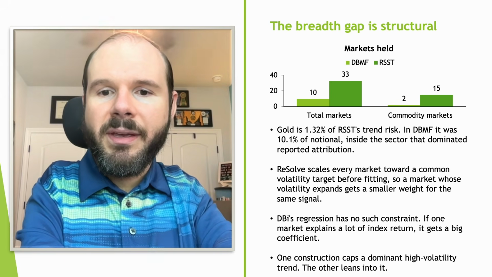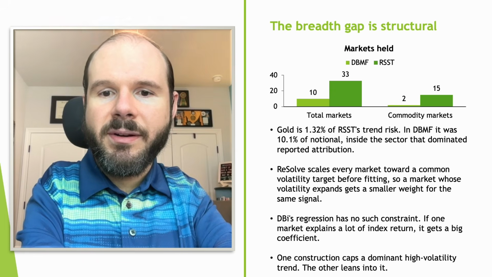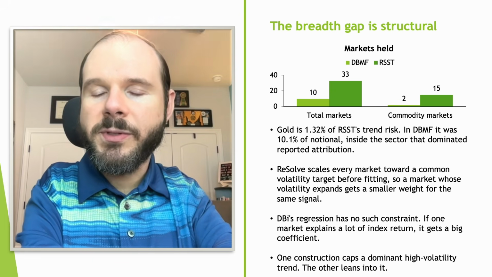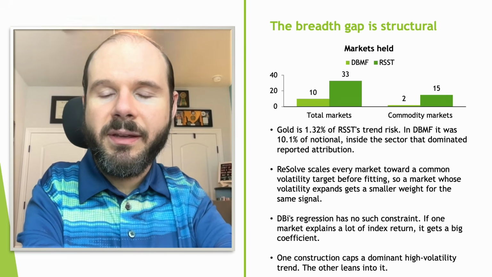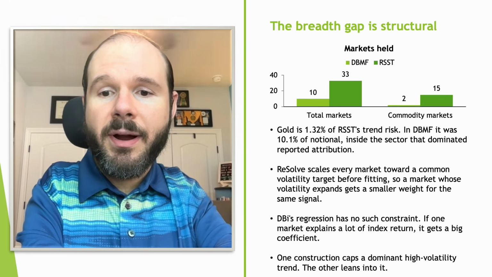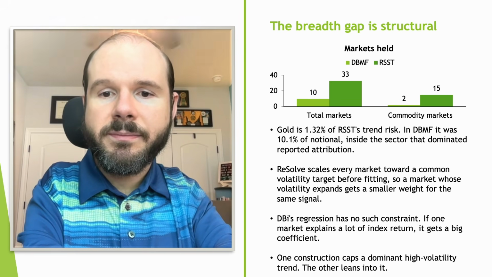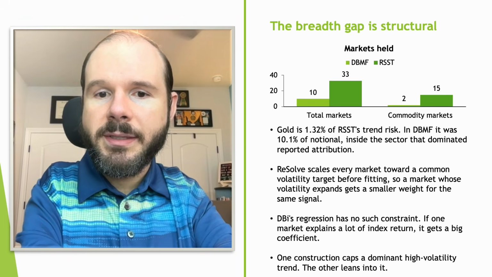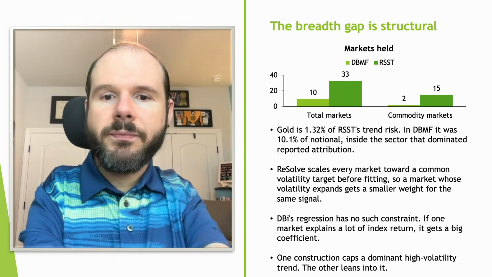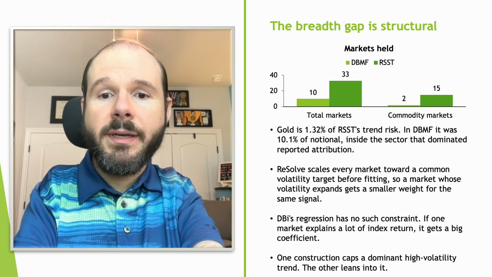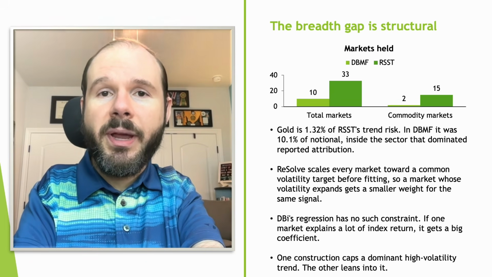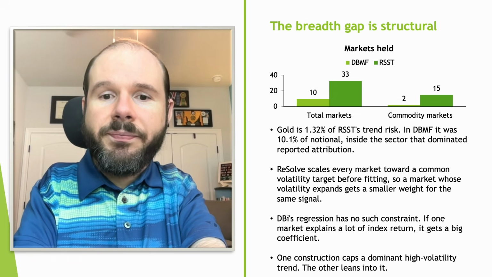And the difference here is that Resolve, again, the company that runs the strategy for RSST and RSIT, they do a common volatility target before fitting. So a market whose volatility expands gets a smaller weight for the same signal.